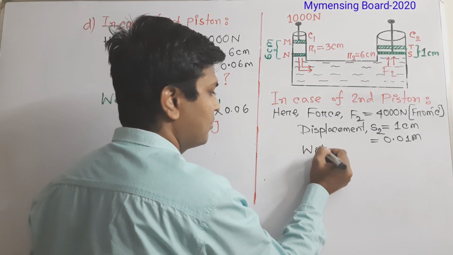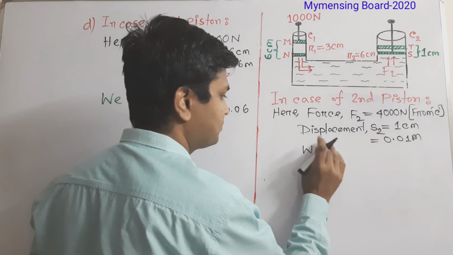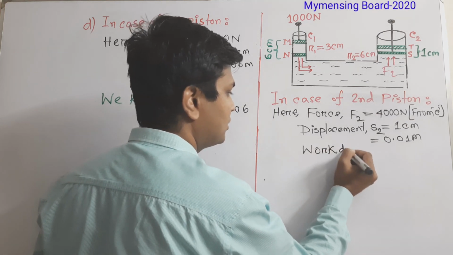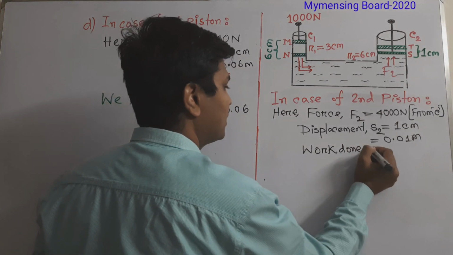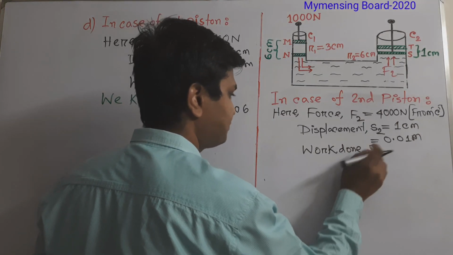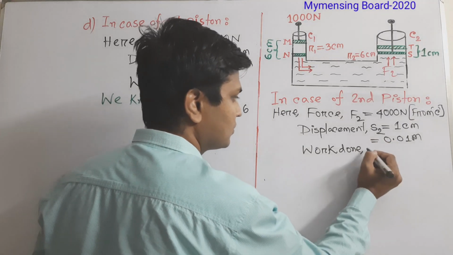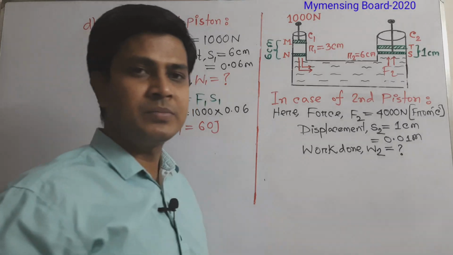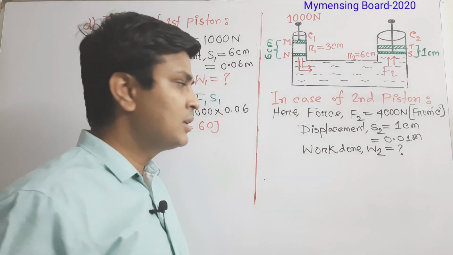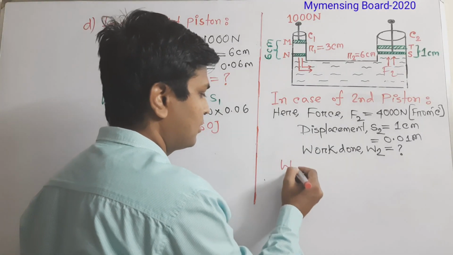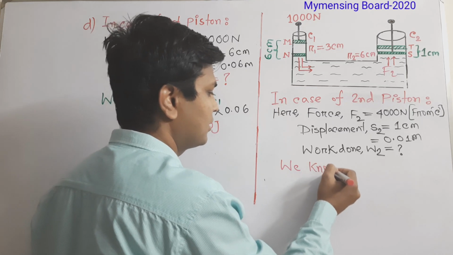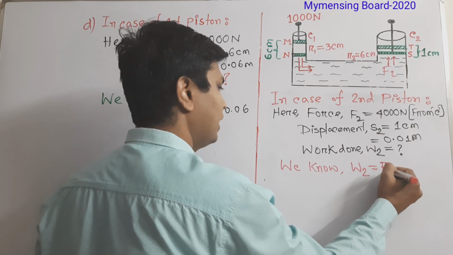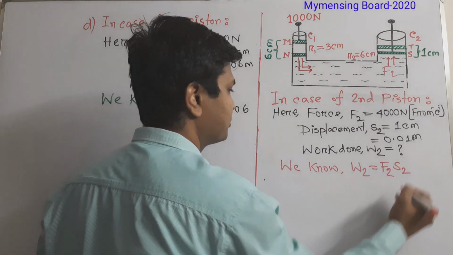And work done by the second piston is here W2. W2 equals what? The same formula. The formula of work done is W2 equals F2 into S2.